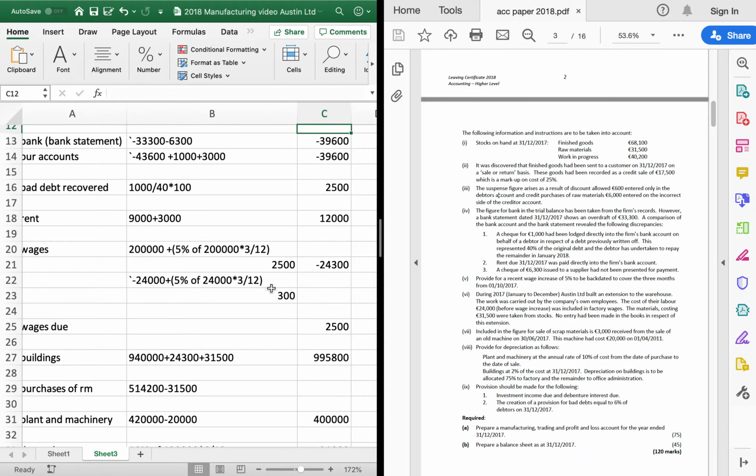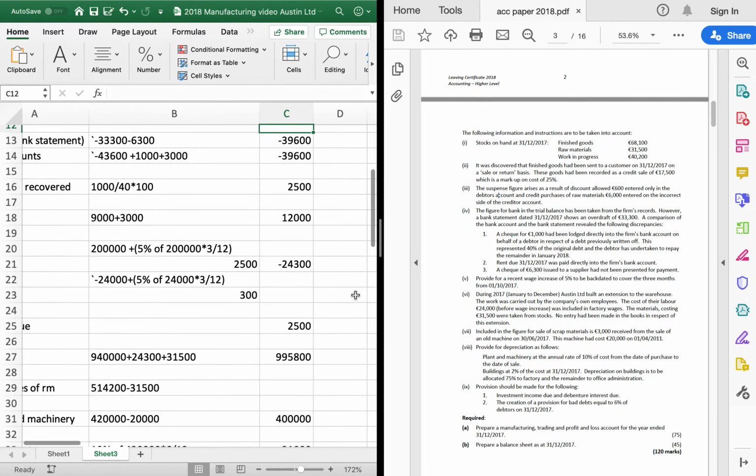Now the wages. This might be hard to read because it's 200,000 plus 2,500 minus 24,300. That 300 is the 24,000 plus 300, just if you're looking to see what that is.